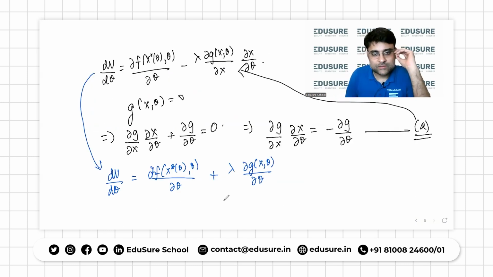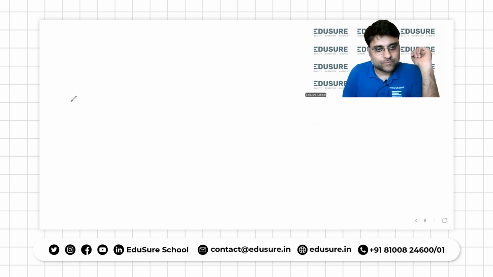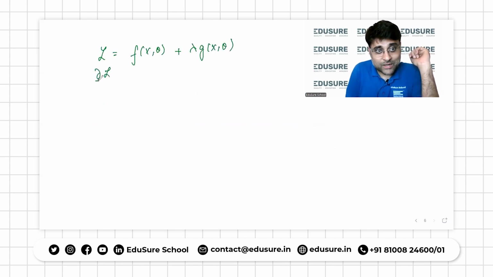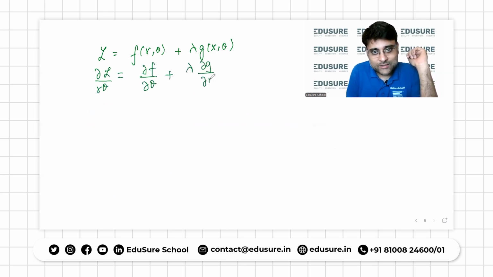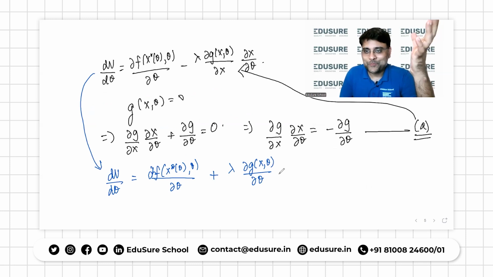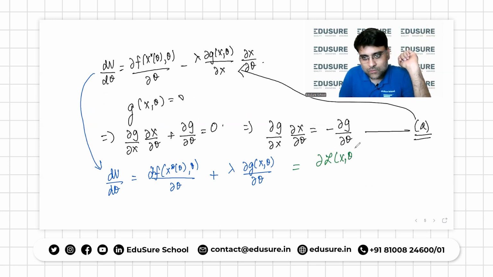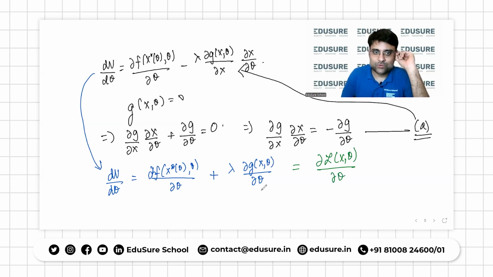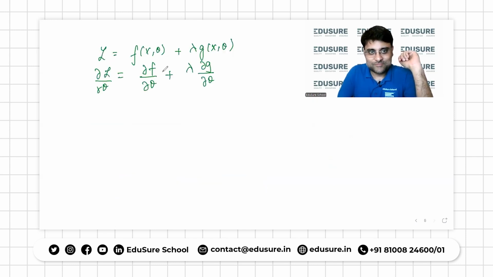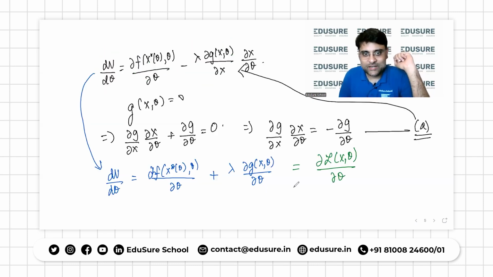So if I go back to my Lagrange and I differentiate it with respect to theta, it's basically del f del theta plus lambda del g del theta. That is what we got here, right? So this is nothing but the Lagrange differentiated with respect to theta. Del f del theta plus lambda del g del theta. That is what we have here, right?